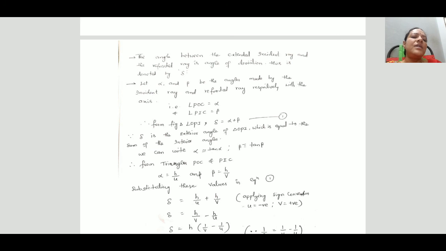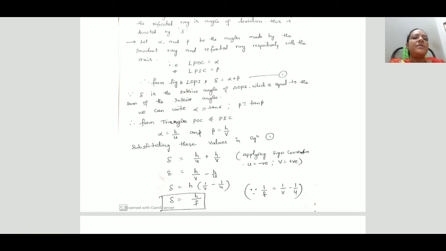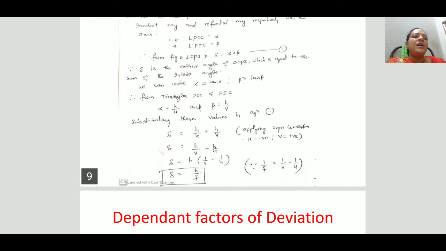Then by seeing the triangles POC and PIC, we can write alpha as h by u, and beta as h by v. Substituting these two terms in the first equation, we get delta is equal to h by u plus h by v. Applying sign convention, u will be negative and v will be positive.